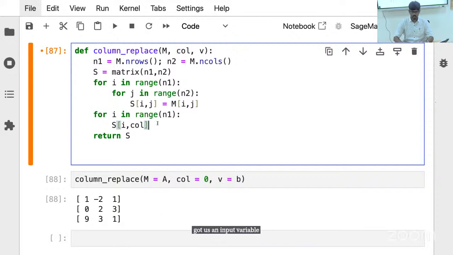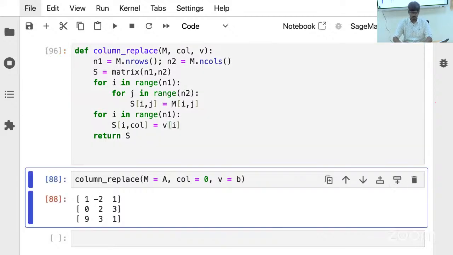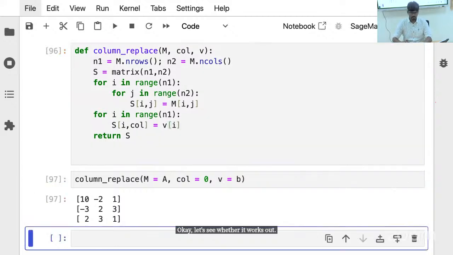So that should be equal to M of i comma the corresponding column. Is that okay? Oh, I'm sorry. What I wanted was the value from V, right? So V of i. I believe V of i should work. Okay, let's see whether it works out. Okay, now it works.